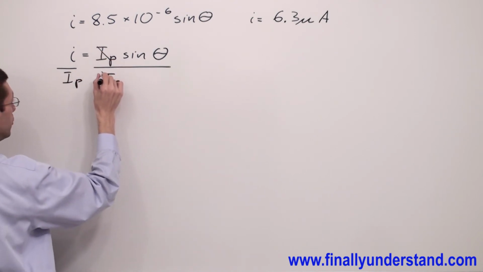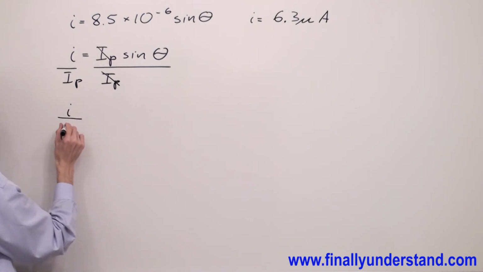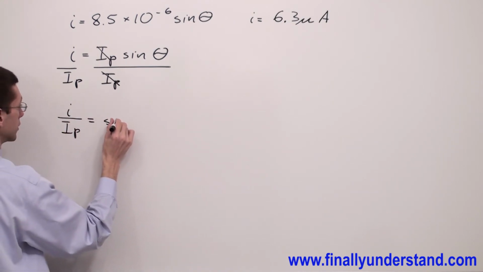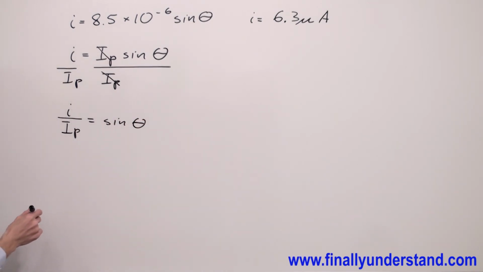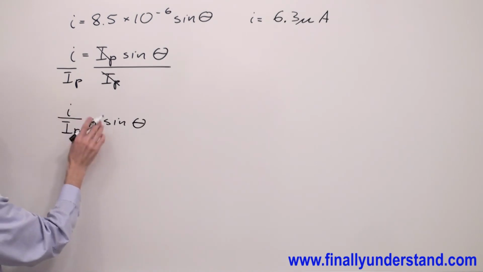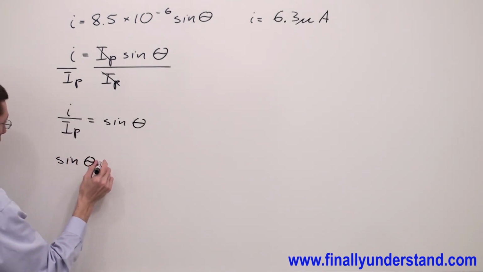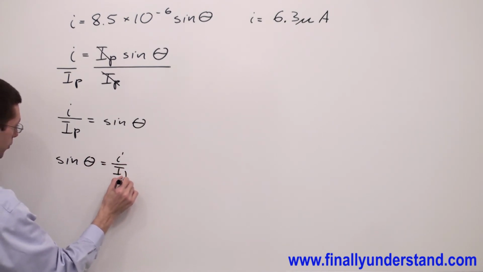I peak and I peak will cancel out, and you're going to have instantaneous current divided by I peak equals sine theta. Swapping sides, sine theta is equal to I over I peak.